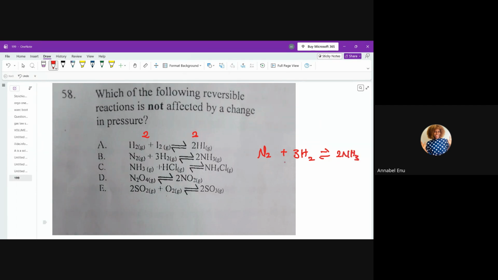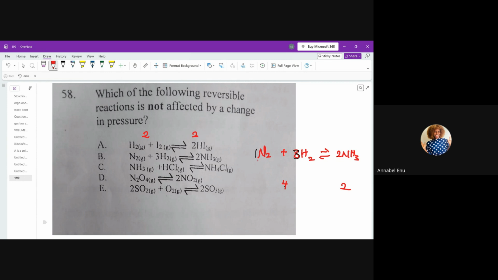Now the total number of mole in the reactant is 4 and that of the product is 2, because we have 1 from nitrogen and 3 from hydrogen, which gives us 4, and 2 from the ammonia, right? So it is the reactant side that has the more number of mole. That means pressure is going to affect this.